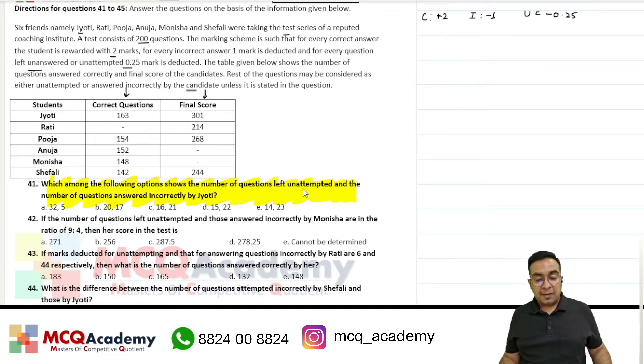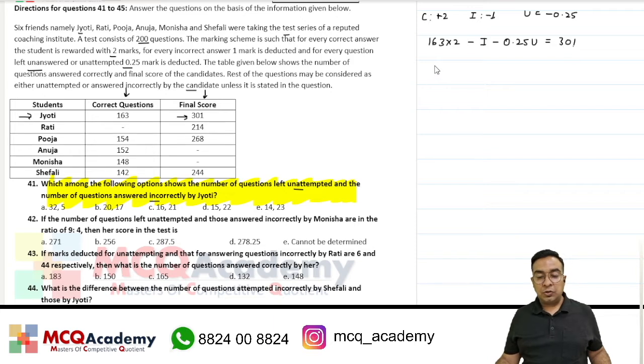क्या क्या मार्क करना है आपको, unattempted and the questions answered incorrectly. तो ज्योति का स्कोर देखिए कितना है 301. The total number of questions is 200. तो इनके मार्क्स का डिस्ट्रीब्यूशन किस तरह से होगा, 163 multiplied by 2 minus number of questions marked incorrect is I, तो -1 into I is minus I, and minus 0.25 into U. This entire value is given to be equal to 301.